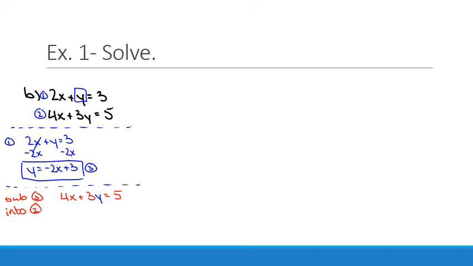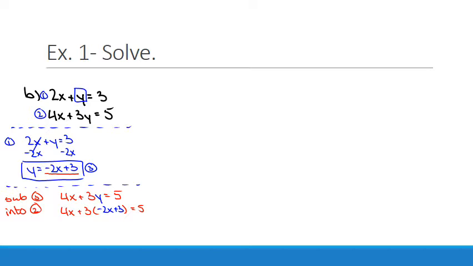So now where y is, I'm going to replace the y with this negative 2x plus 3. So 4x plus 3, open brackets, equal to 5. Now where that y was, here comes negative 2x plus 3. Just like subbing in a number, now it's not a number, it's an expression.